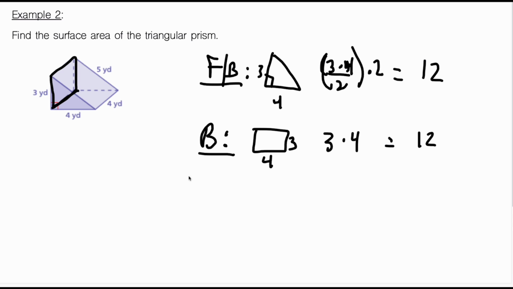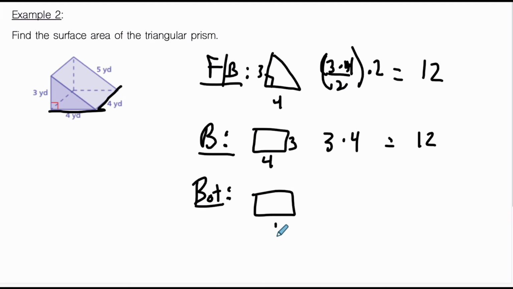That surface is 12. Next, let's do the bottom. The bottom is easy. It's a 4 by 4 rectangle. Bot for bottom. So it's a 4 by 4 square, rectangle, whatever. 4 by 4 is 16.